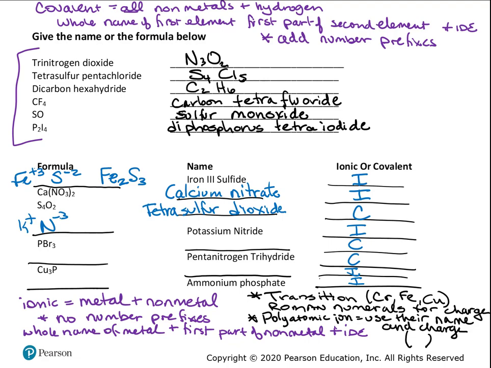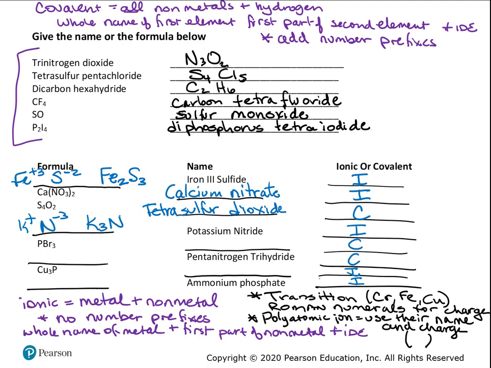The nonmetal is 8 minus the group number. It's always a negative charge. And so then when you swap them, what does it end up being? K3N. So the 3 on the nitrogen tells me how many potassium. The 1 on the potassium tells me I only have 1 nitrogen. So those numbers swap to tell me the formula.